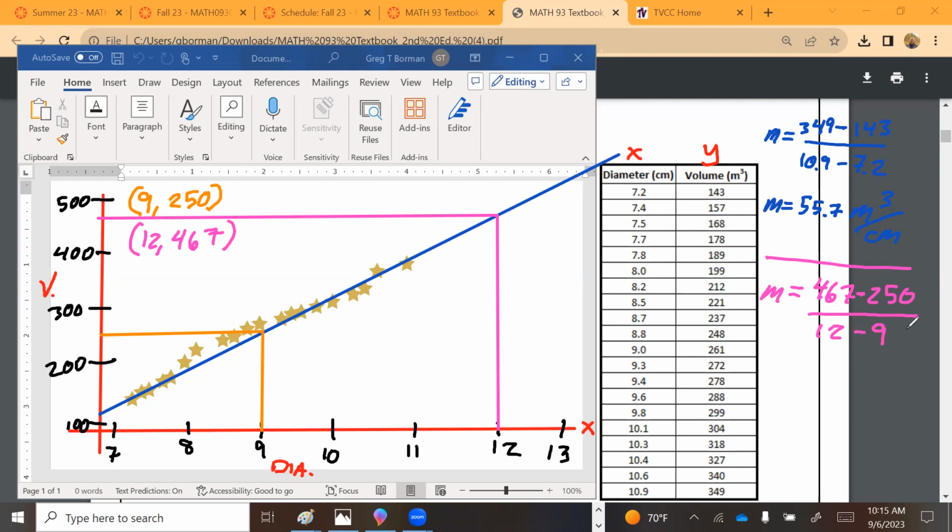That's going to be 72.3. Wow, that's not as close as I had hoped. Oh well. I'm doing the best I can. I need to explain it in context: it's 72.3 cubic meters of volume for every 1 centimeter increase of diameter.